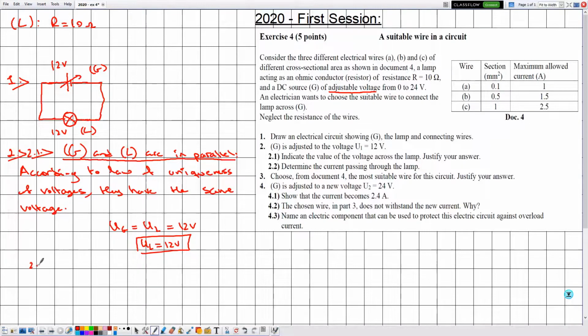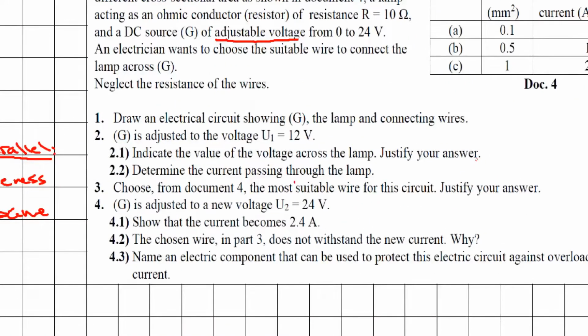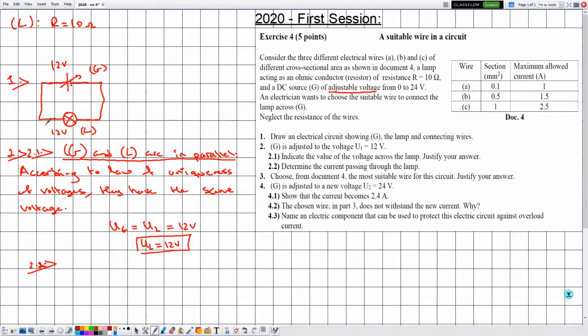Now in 2.2, they are telling us to determine the current passing through the lamp. Since we have determined the voltage and we know its resistance, one of the ways to calculate the current is using Ohm's law.